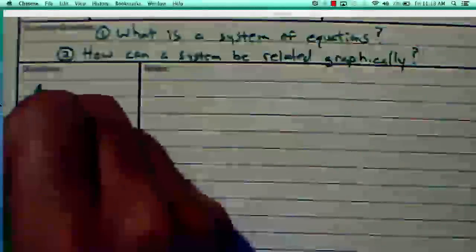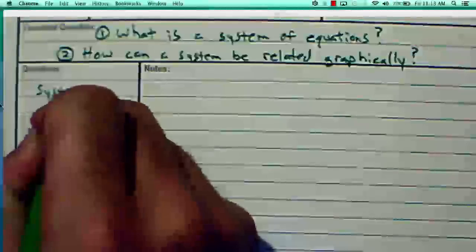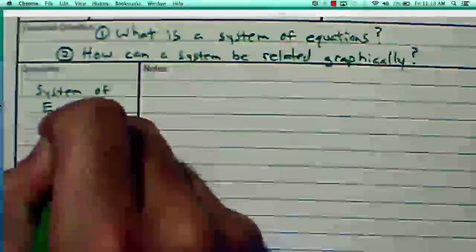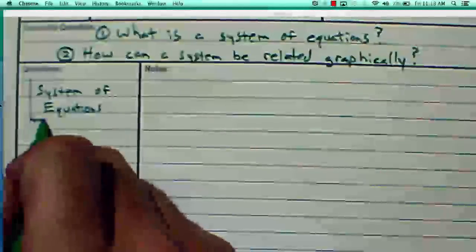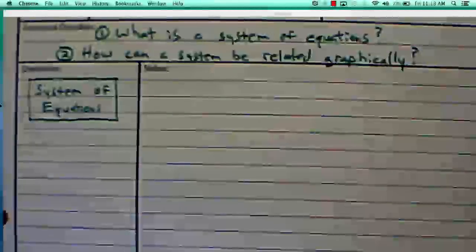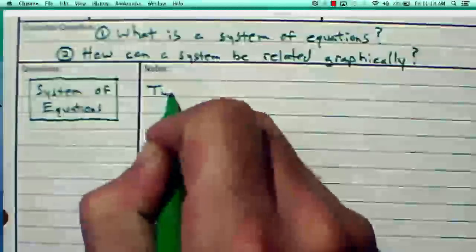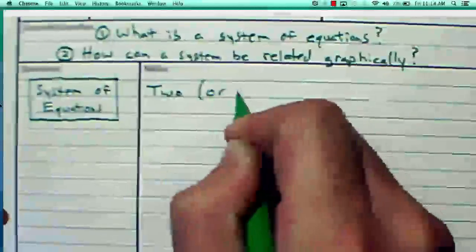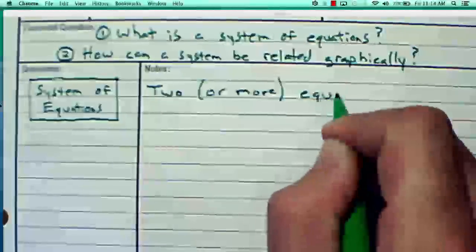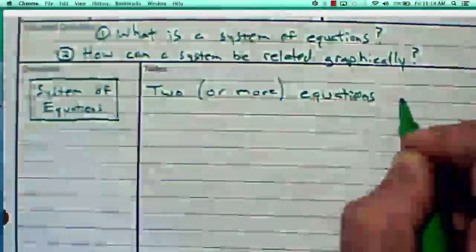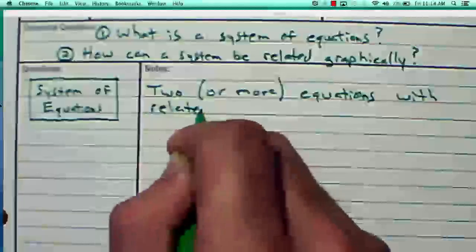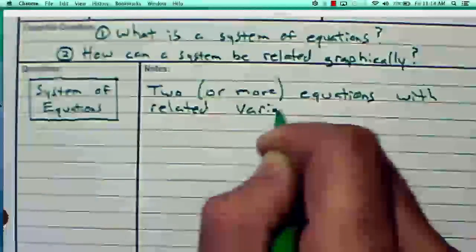Definition. System of equations. A system is two or more equations with related variables.